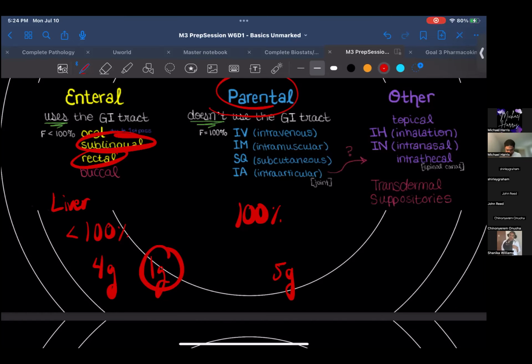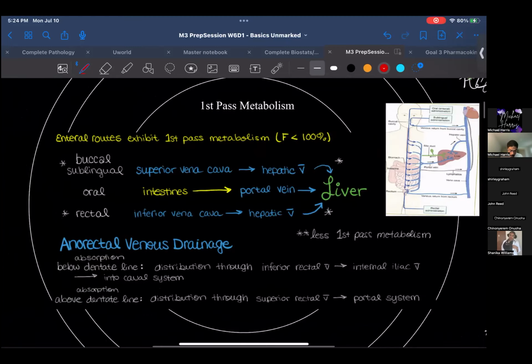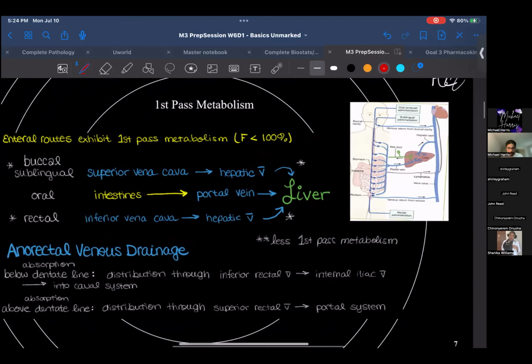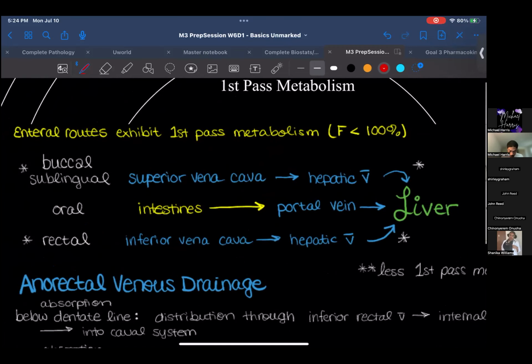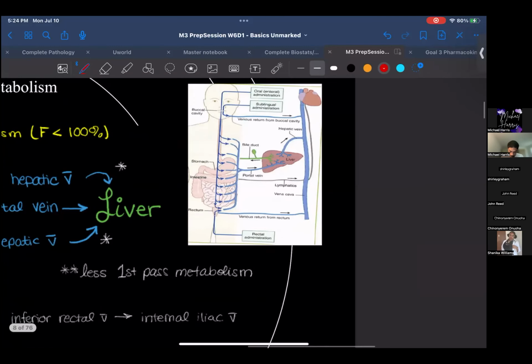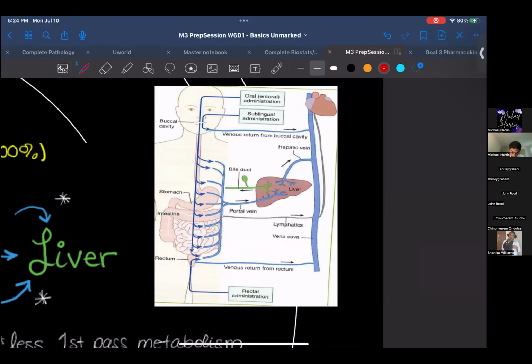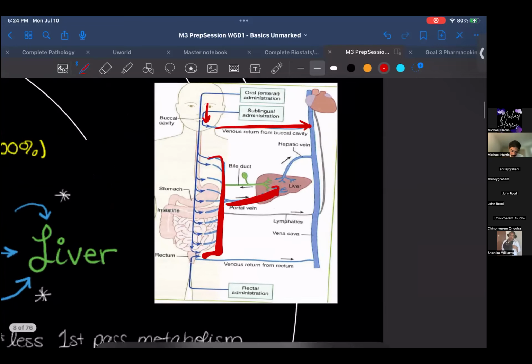All right, perfect. Here we already discussed it, so I'm not going to harp on it anymore. You can see here how, once again, if you do it orally, you go through the liver, through the portal circulation, versus sublingual, which goes straight into systemic circulation, versus rectally below the pectinate line.